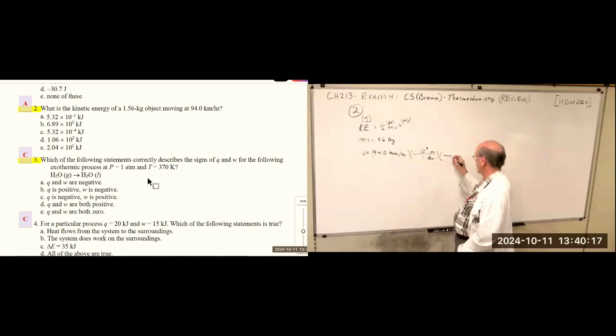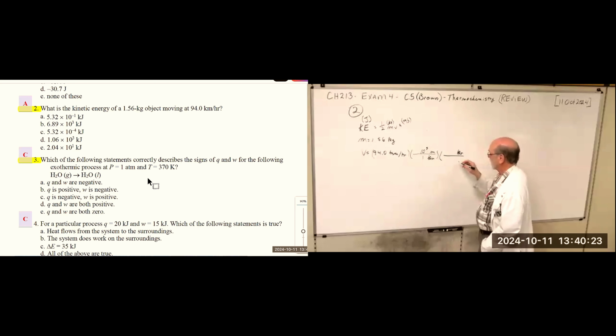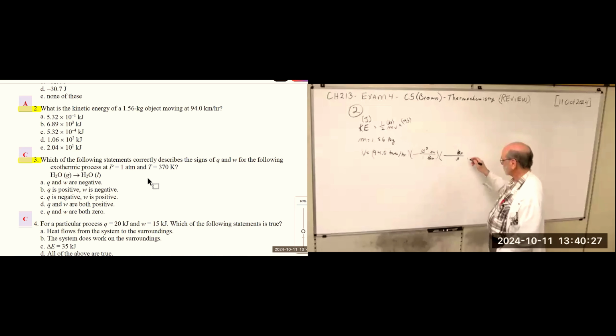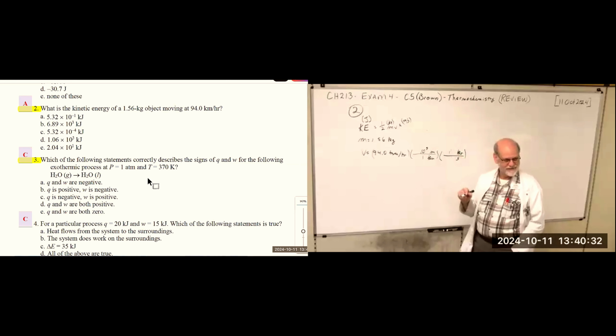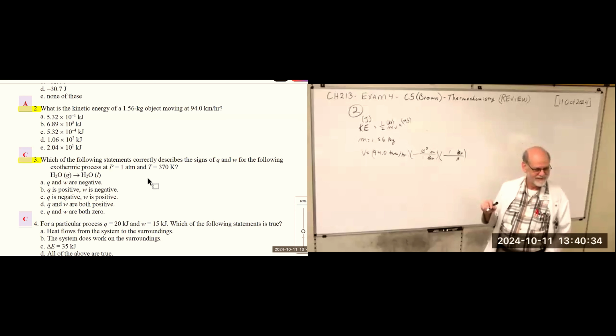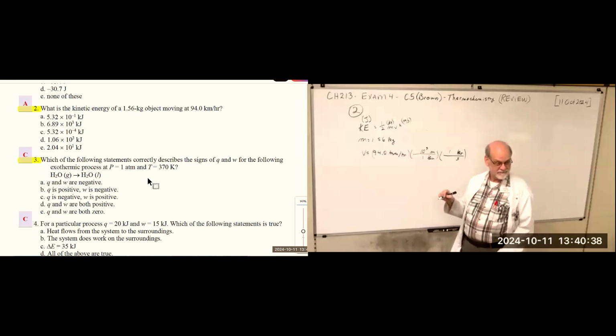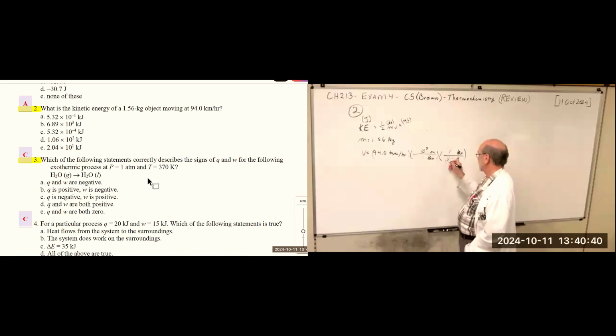Then we're going to do hours. Hours is in the denominator, so we have to put hours here, and we need to be seconds. Right, how many seconds in an hour? 60 times 60, 3,600.